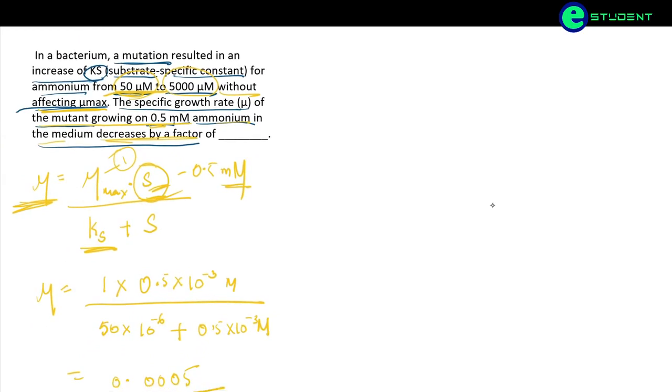We substitute in this formula: 1 into 0.5 into 10 to the power minus 3 moles, where mu max is 1, which is constant and not changing, divided by, after mutation, 500 micromoles, so we convert into moles: 500 into 10 to the power minus 6, plus 0.5 into 10 to the power minus 3.